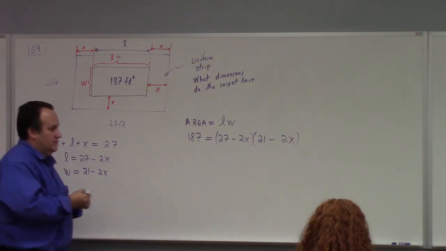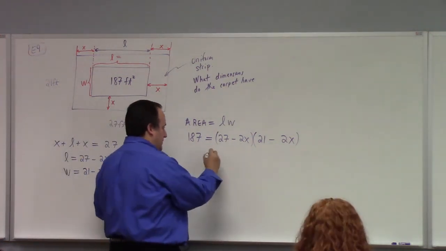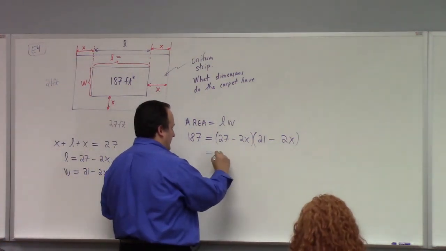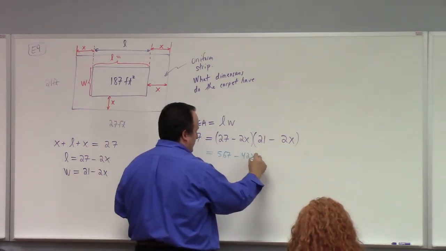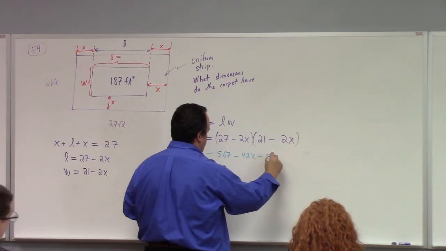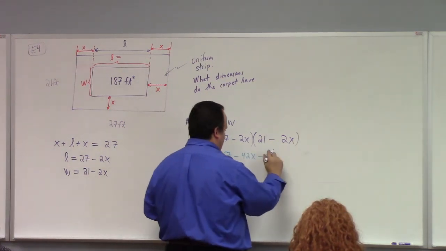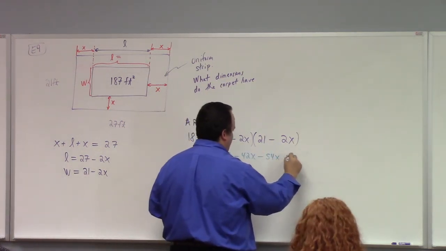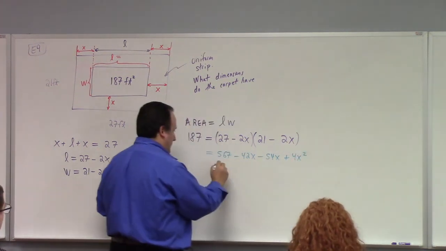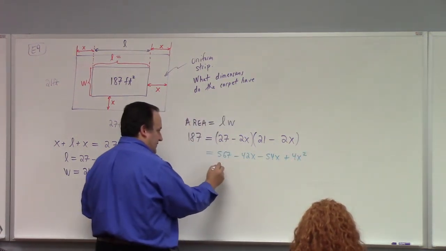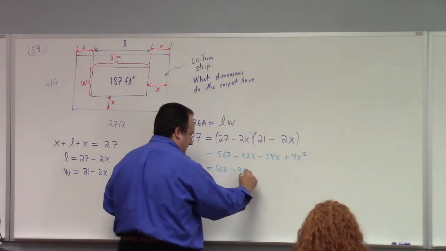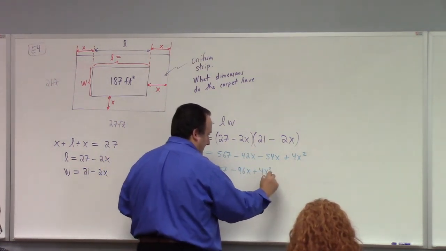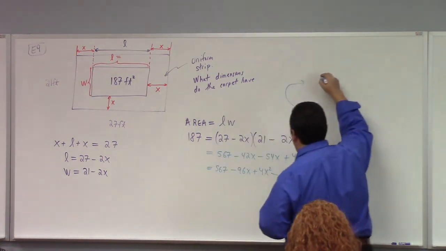All right, so you multiply this thing out. You got yourself 567 minus 42x minus 54x plus 4x squared, which gives us 567 minus 96x plus 4x squared. I'll work on it up here.